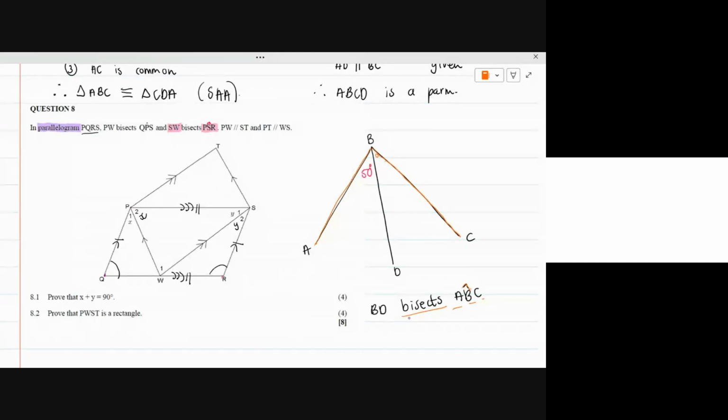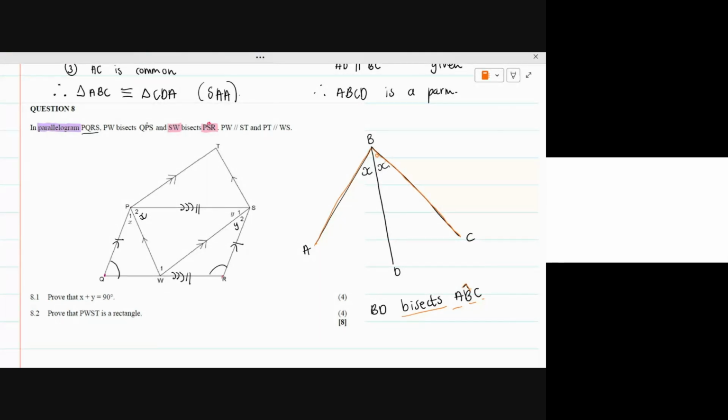If BD has bisected ABC, what does this tell me about that side there? That side there must also be 50 degrees. Okay, but now if I tell you that BD bisects this line here, and then I tell you that this side is X, what does it tell me about this side? That side must also be X.